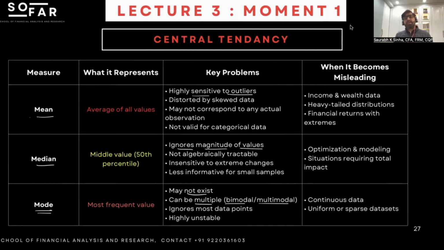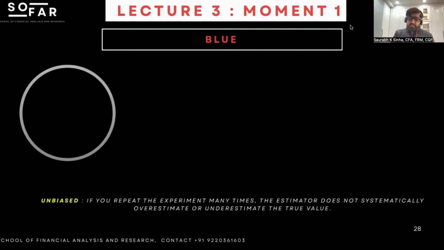So the question is, which one to use? Which one is the best? Is it mean, is it median, or is it mode? Statistically, most of the time when we choose a measure, whether it is best or not, we use a very simple term, that is BLUE. Not red, not green, blue.